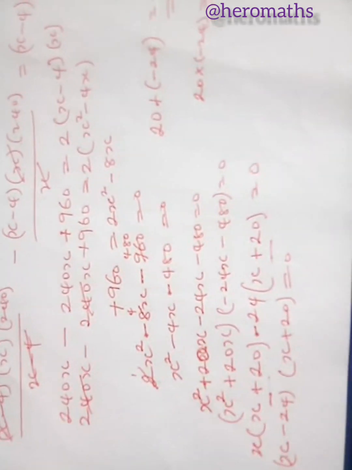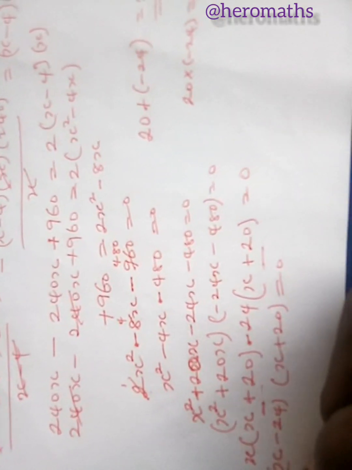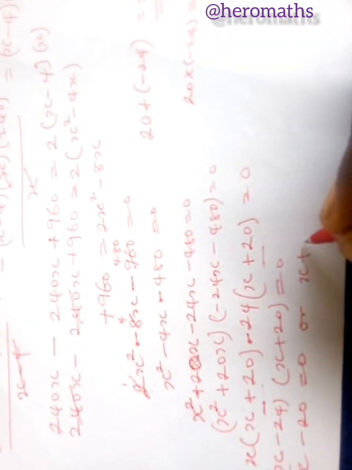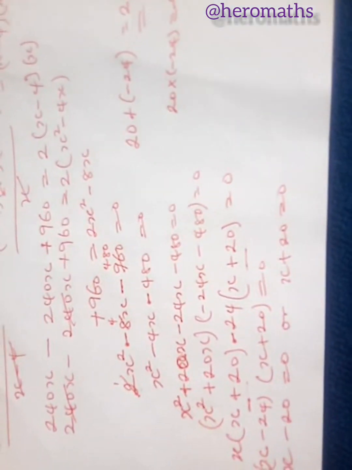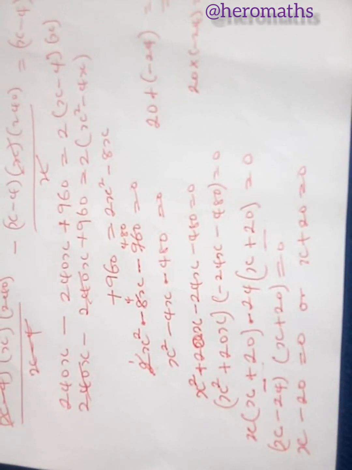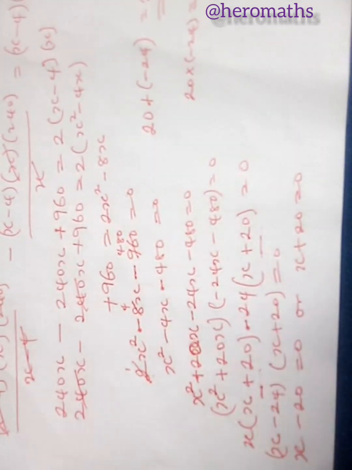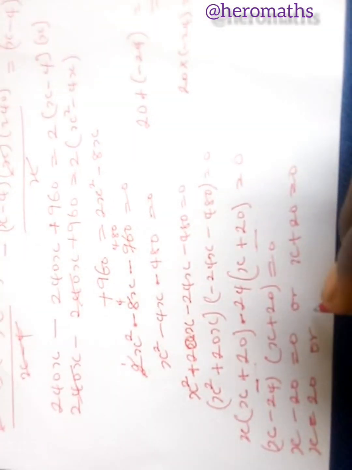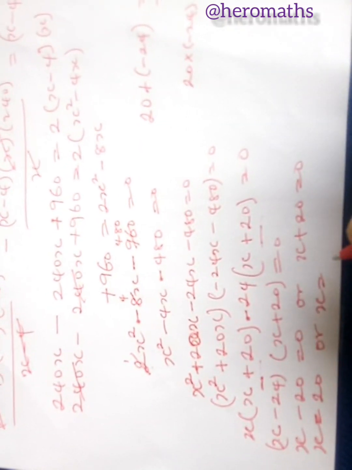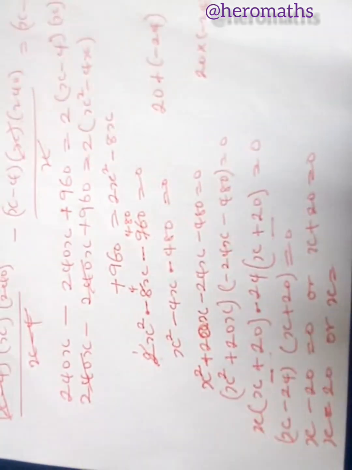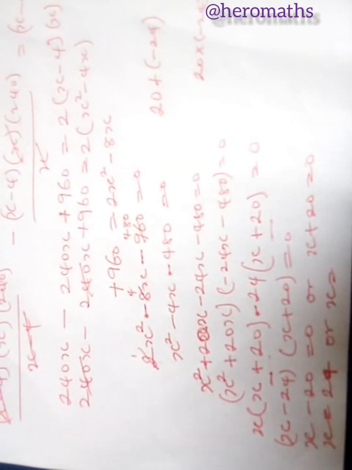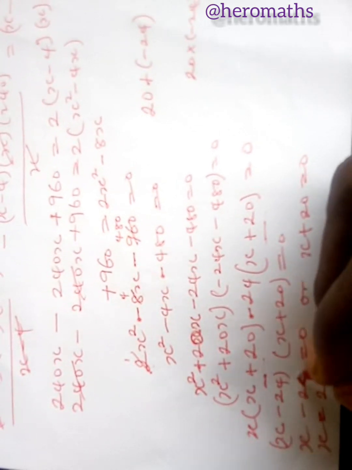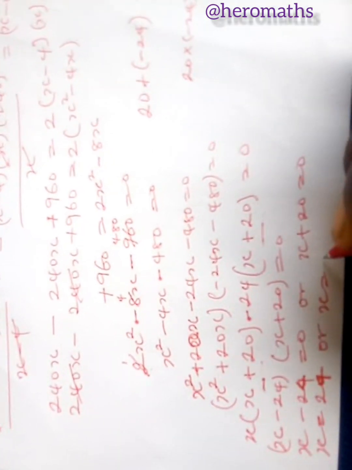Now at this point, we have this. So you can write this as x minus 24 is equal to 0, or x plus 20 is equal to 0. You understand? Now, collect like terms: x is equal to 24, or x is equal to minus 20.